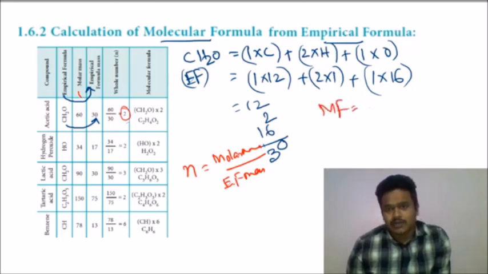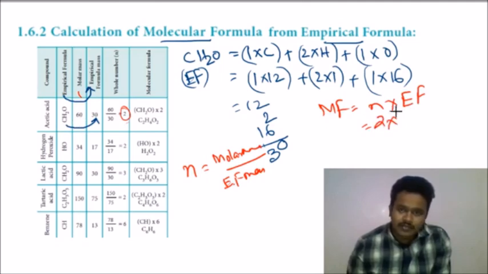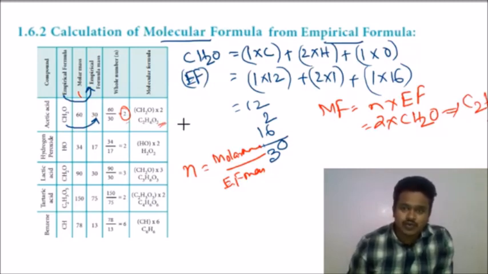Molecular formula is equal to n into empirical formula. What is the n value you are getting here? 2. What is the empirical formula given? CH2O. So the formula will be C2H4O2. Like this you have to calculate.